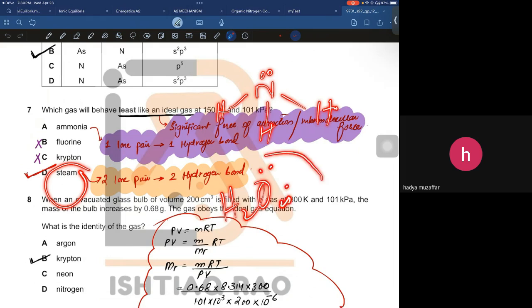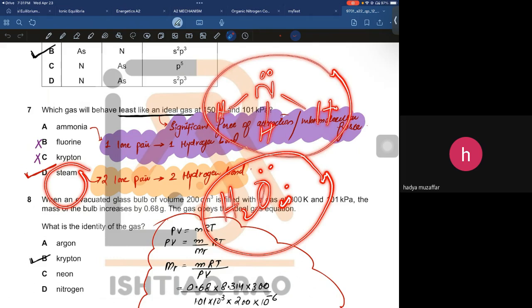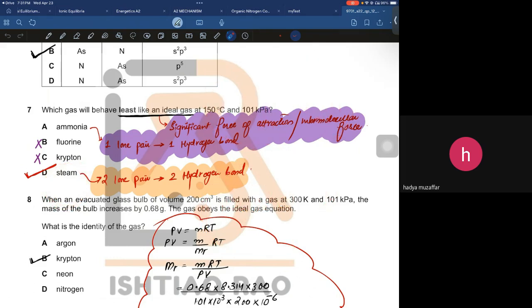So it's going to have a stronger IMF as compared to ammonia. So water is going to have a stronger intermolecular force, so it would act as the gas least like an ideal gas. It's more real as compared to ammonia. That's why option D is correct.